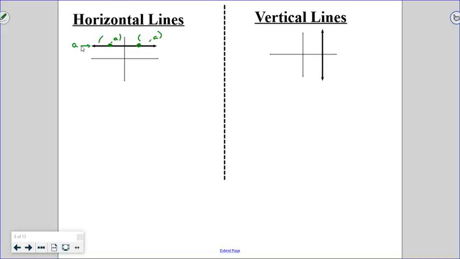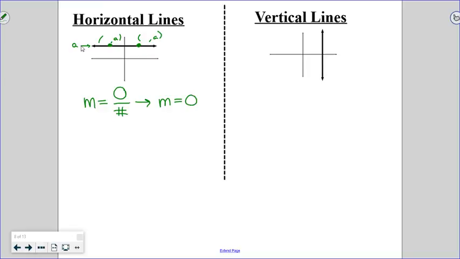Notice all of the y values are the same on a horizontal line, which means when I look at the slope, my y values are all the same. When I do the change in y, there is no change in y. And so what you see on a horizontal line, if I were to do my slope equation, is that I would end up with 0 in the top over some number in the bottom. And that simplifies down to a slope of 0.